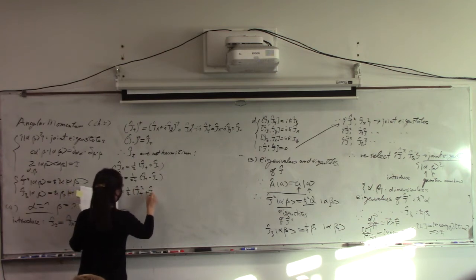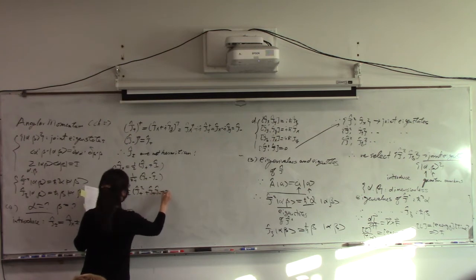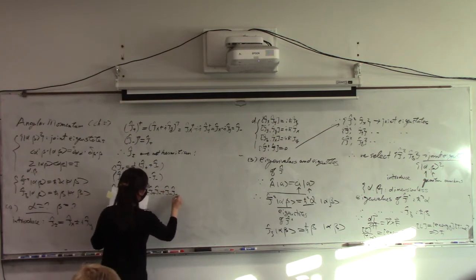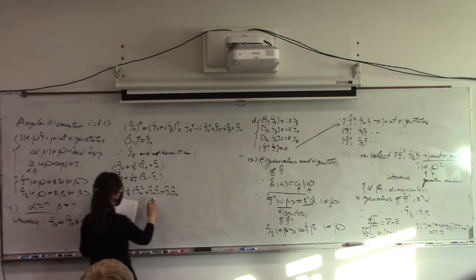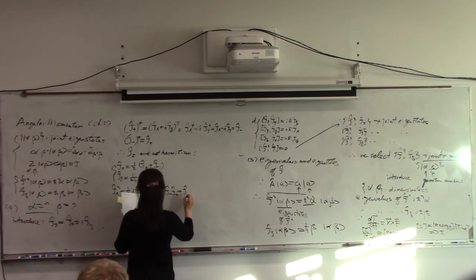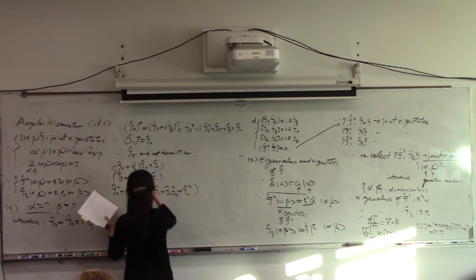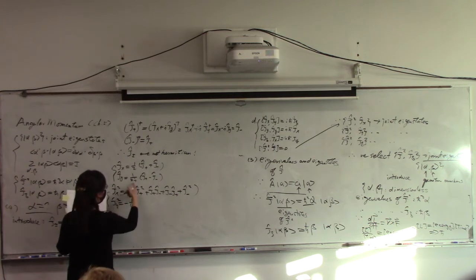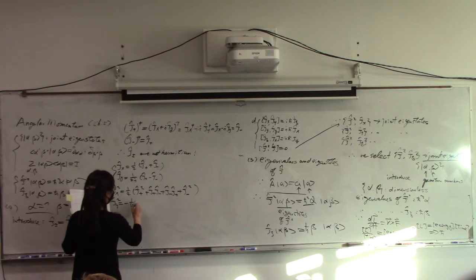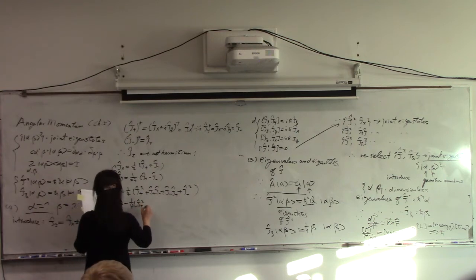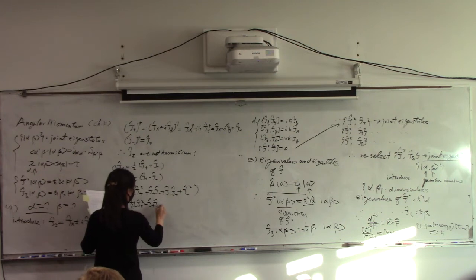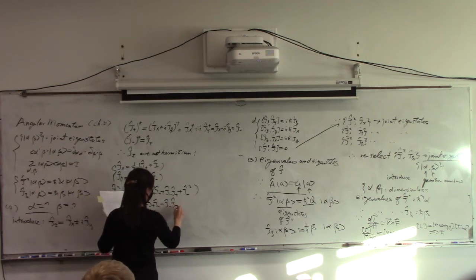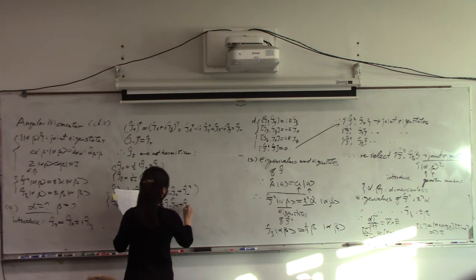Be careful, they do not commute with each other, so the order is not changed. Right? Keep one here. J minus square, minus 4, because here there's a minus 4, and minus J plus J minus minus J minus J plus and plus J minus square.